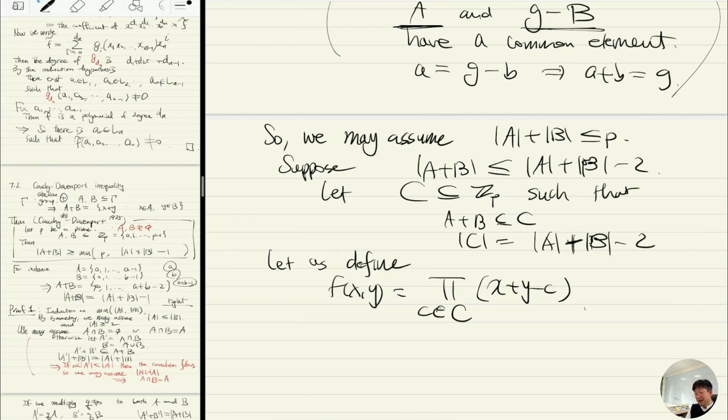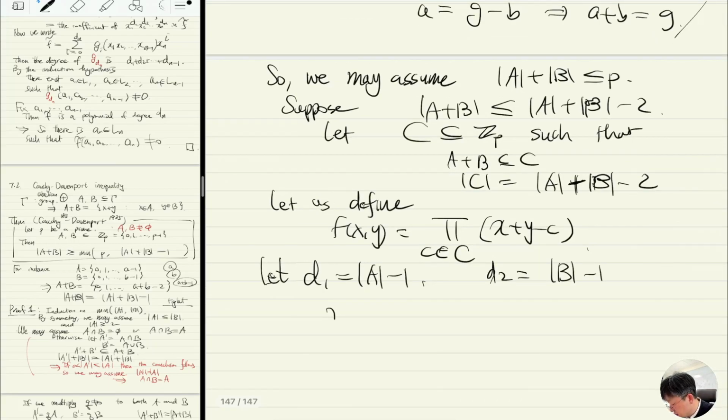Okay, now what is the property? Let d1 be the size of A minus 1 and d2 be the size of B minus 1. Now let's look at the coefficient of x to the d1, y to the d2.